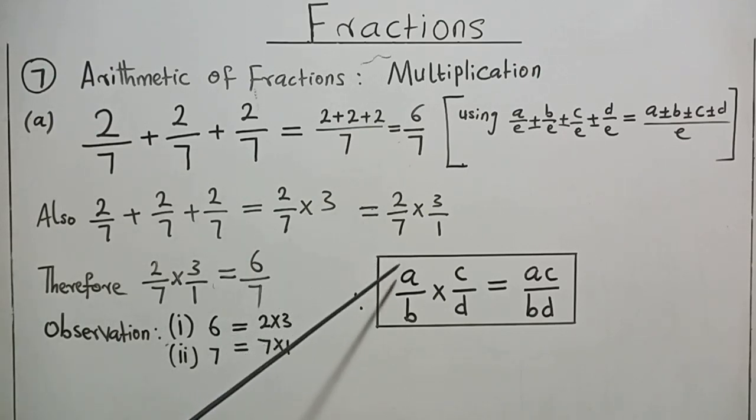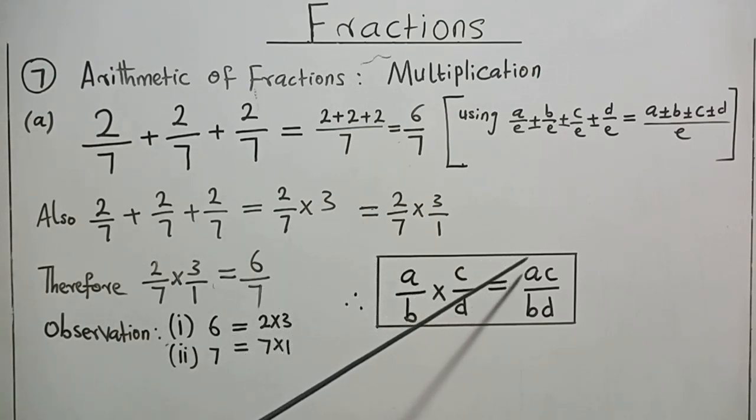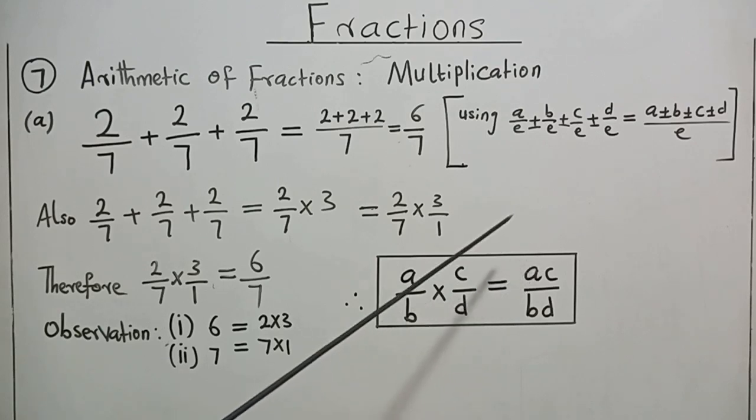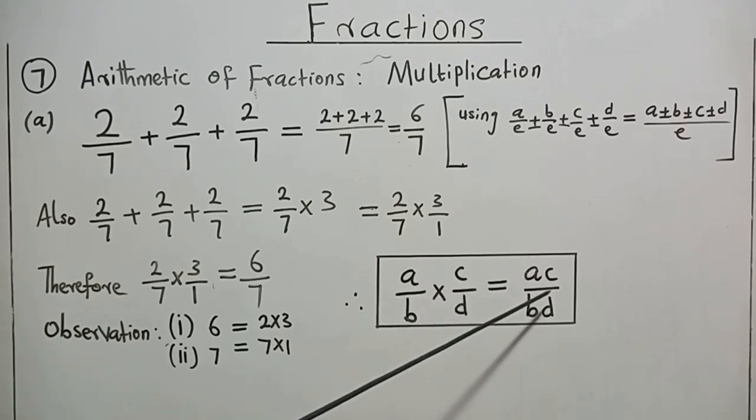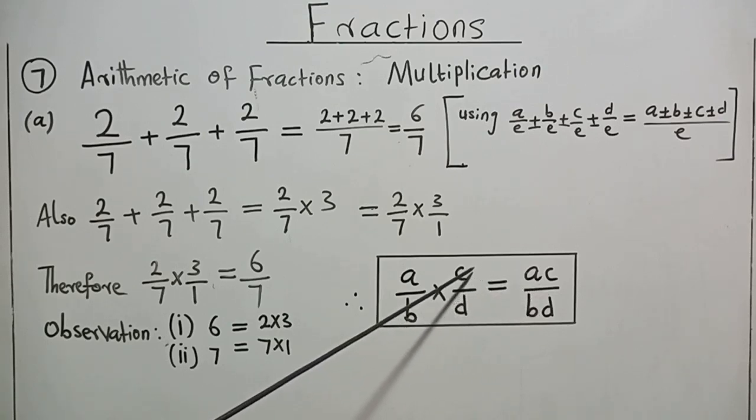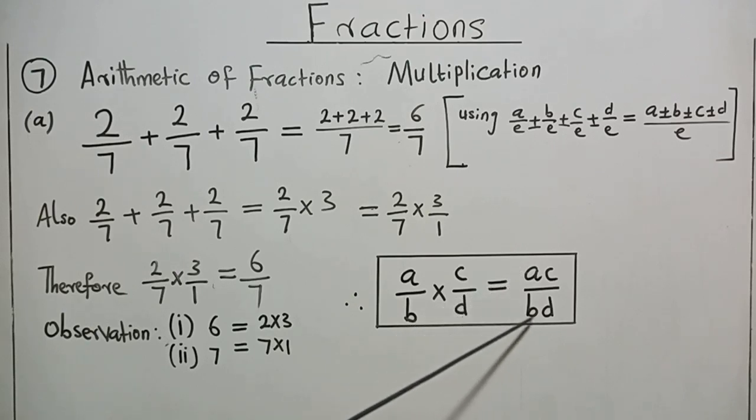Therefore, A times C is the numerator of the new fraction, while B times D is the denominator of the new fraction. So when we multiply these two fractions, this is how the result will be.